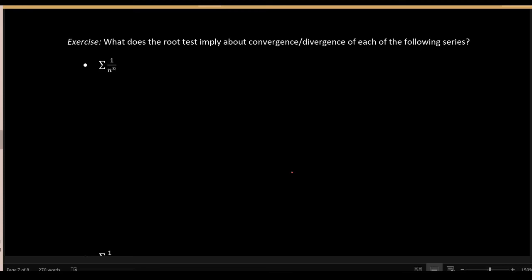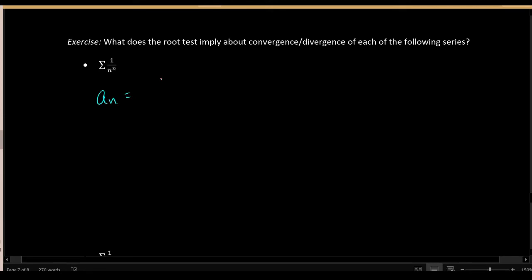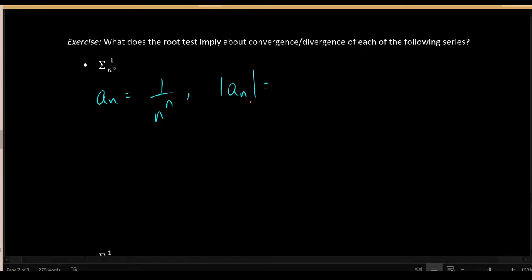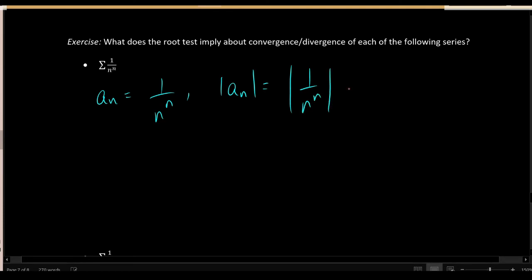So for example, here we have 1 over n to the power n. And if we apply an absolute value to that quantity, it's really not going to make much of a difference, because n is always a positive number. So if you take the absolute value of a positive number, nothing changes.